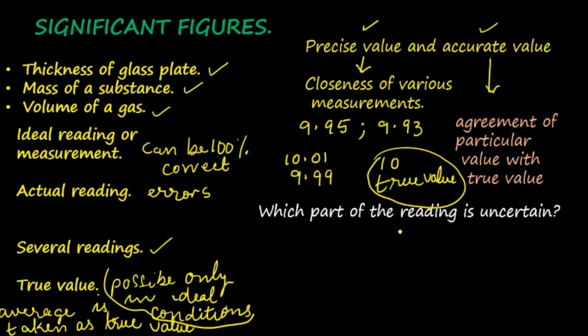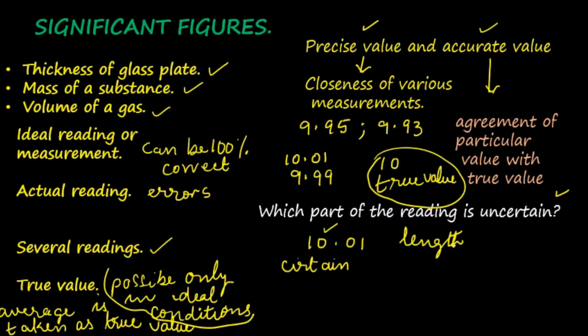So when we note down a reading, there is a certain amount of uncertainty in the reading, but which part of the reading is uncertain? That is, in which part of the reading we have chances of going wrong. Consider the value 10.01. The first part is a bigger value, it is certain, but the second part we may have gone wrong. Say for example, we are measuring length. We are using a scale.